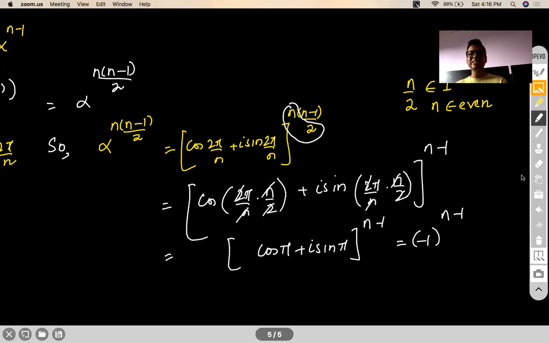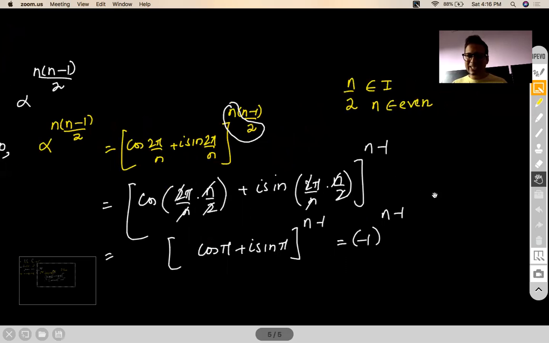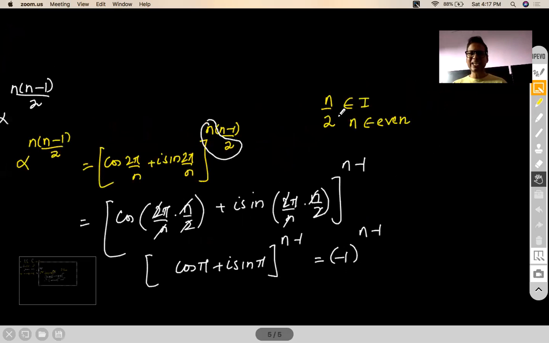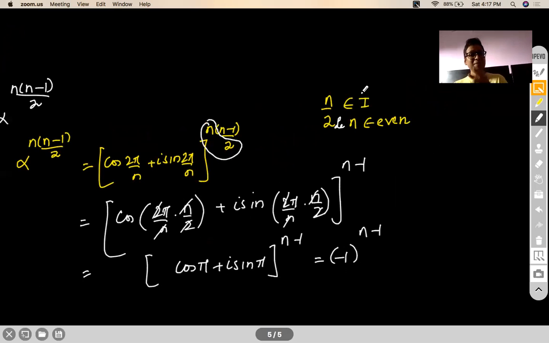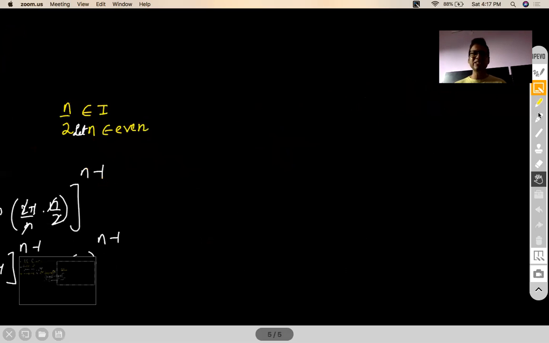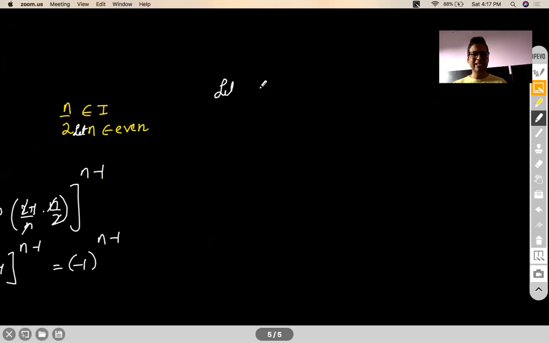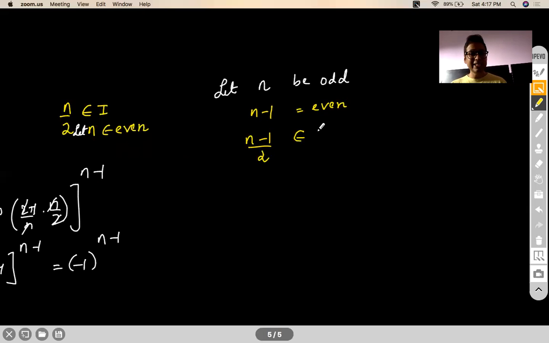So the answer here is, let us say n is even, then this is the case. Now I will take a case where n is not even. So let's say n is odd. If n is odd, n minus 1 is even. Then in that case, n minus 1 by 2 will be an integer.